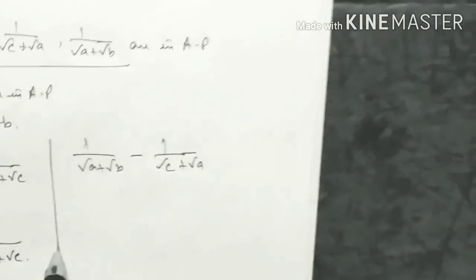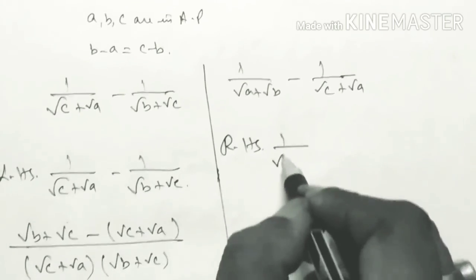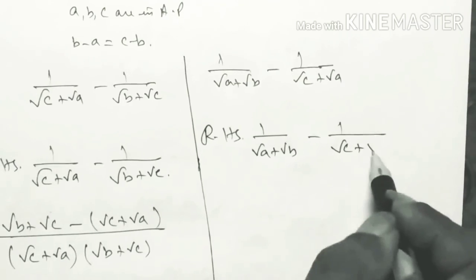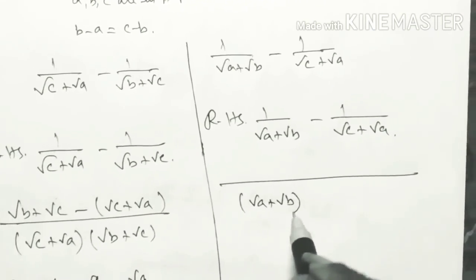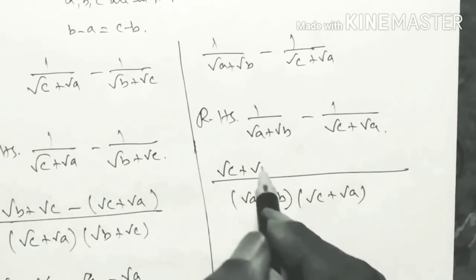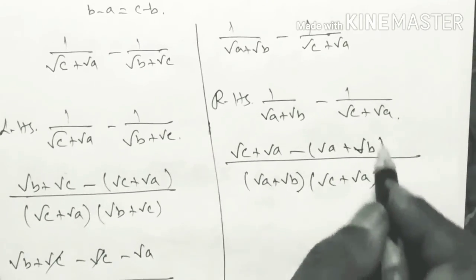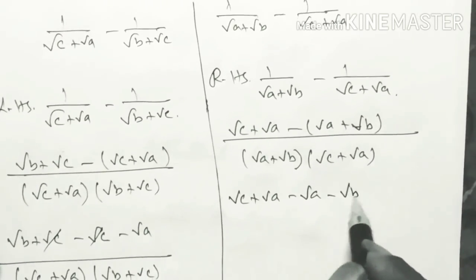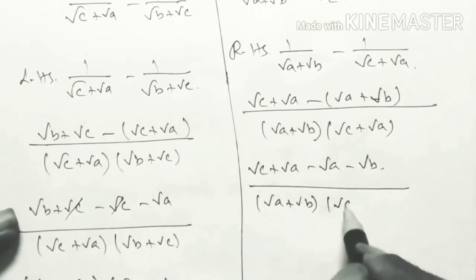Now I am moving to the right hand side. Here you see 1 by root A plus root B minus 1 by root C plus root A. Your LCM is (root A plus root B) into (root C plus root A). So root C plus root A minus root A minus root B by (root A plus root B)(root C plus root A).